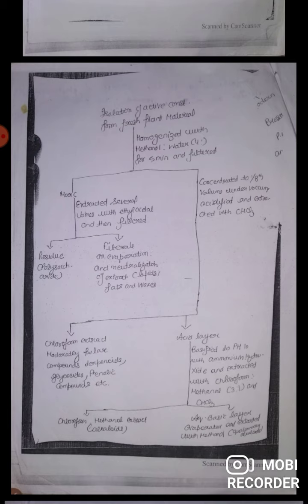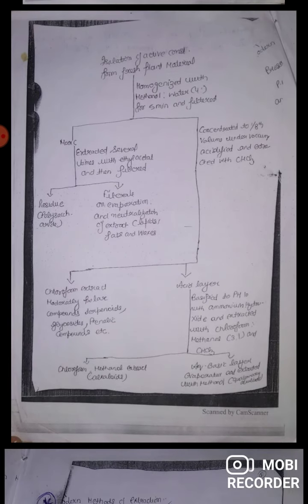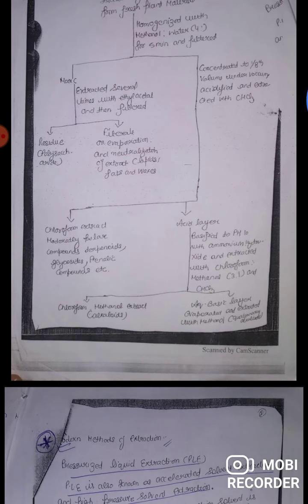The residue contains polysaccharides and the filtrate, on evaporation and neutralization of the extract, contains lipids. The concentrated filtrate, upon extraction with chloroform, gives two layers: the chloroform extract and the acid layer. The chloroform extract contains terpenoids, glycosides and phenolic compounds.